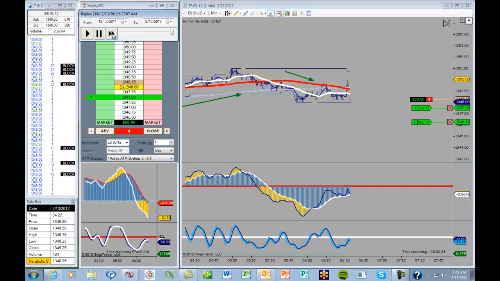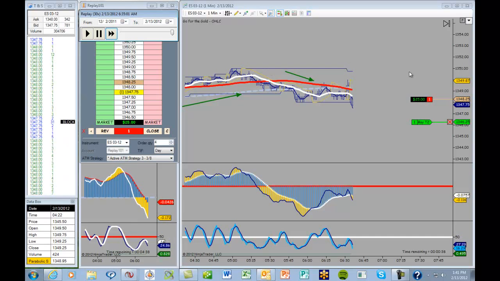It stabbed up and immediately came back down. Now, normally I would have put my stop above this high over here, so we would not have been stopped out there.